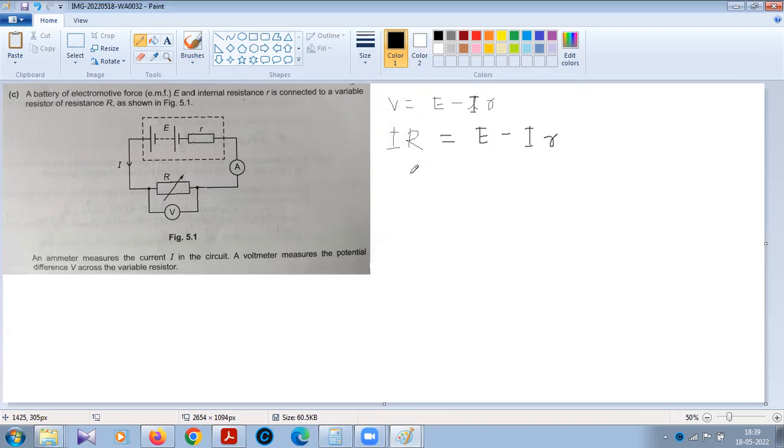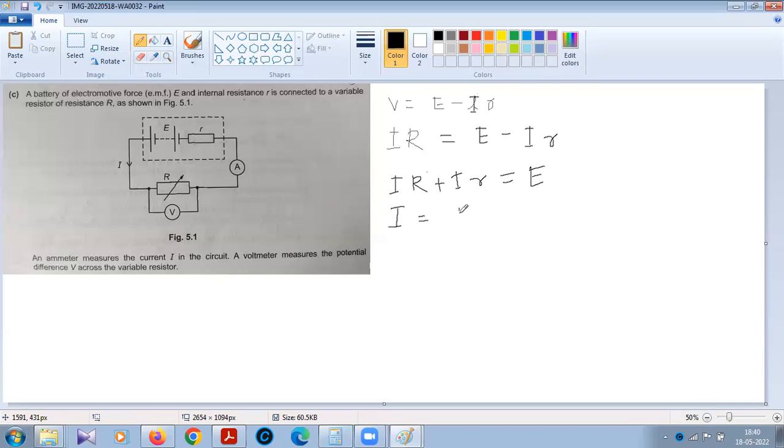From here, I can rearrange. I can take this to the left hand side. So it will be IR plus Ir equal to E. So I can take out I as a common from here.